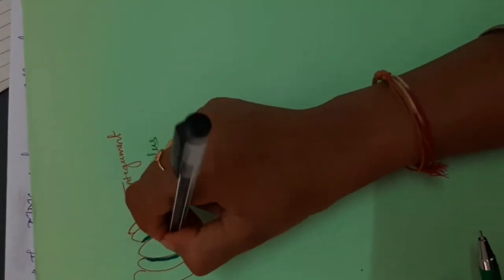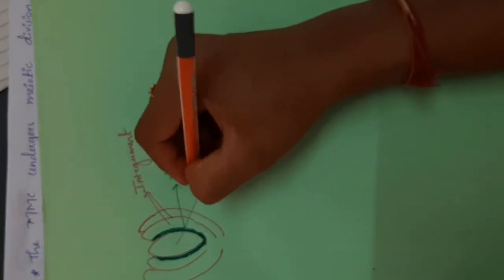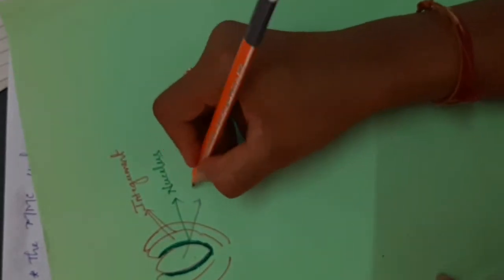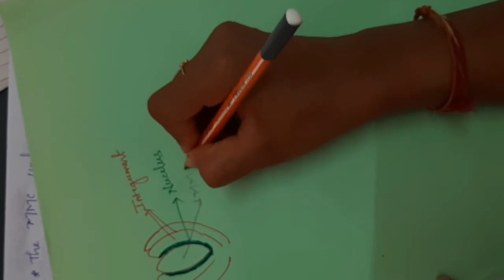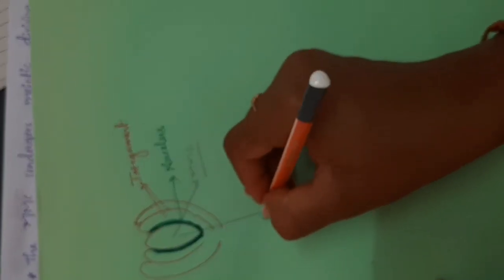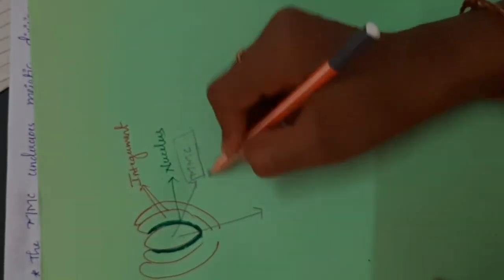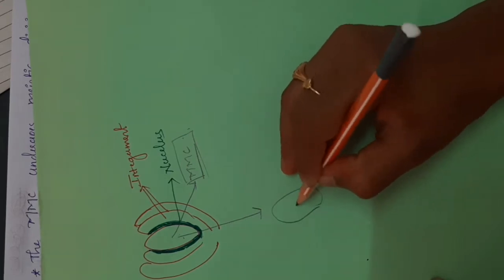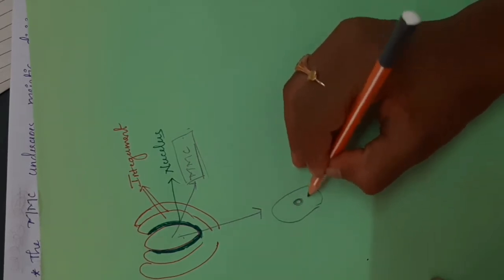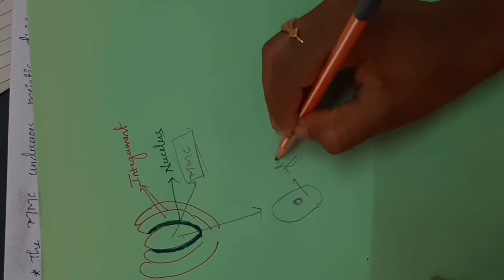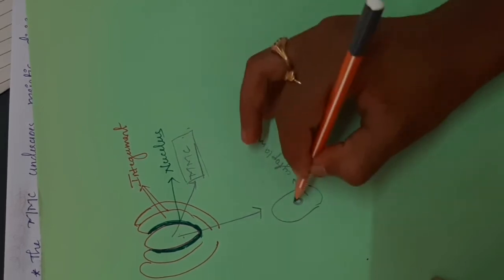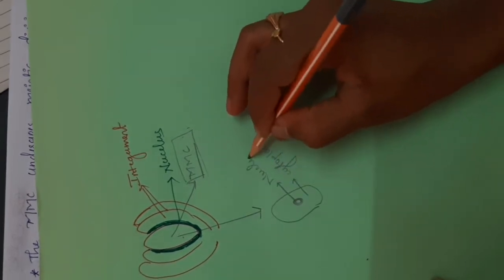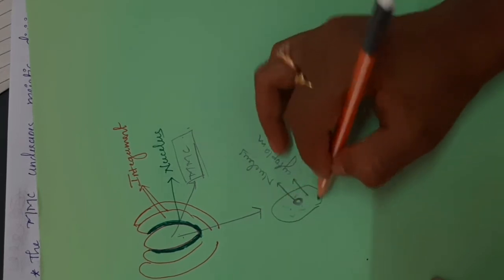Inside that we can see the megaspore mother cell. Now we are discussing this one only. The megaspore mother cell has a prominent nucleus and a dense cytoplasm.